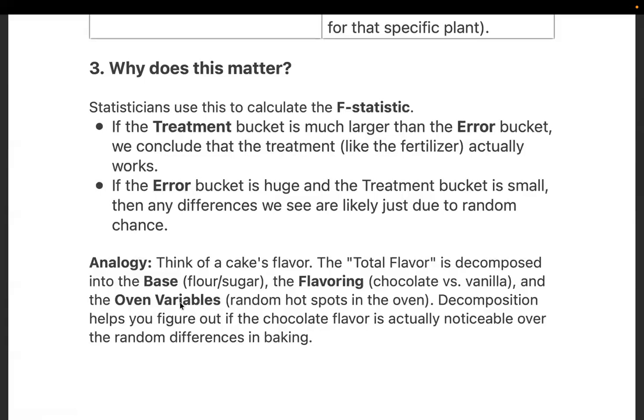And these are random variables: oven variables, maybe it was on a high or low setting, and other oven settings. The total flavor you get is a combination of these three, and you're trying to figure out whether the flavoring played a role in the distinctive flavor.